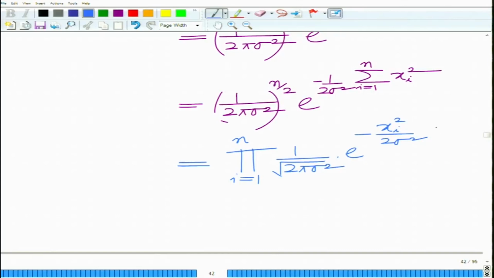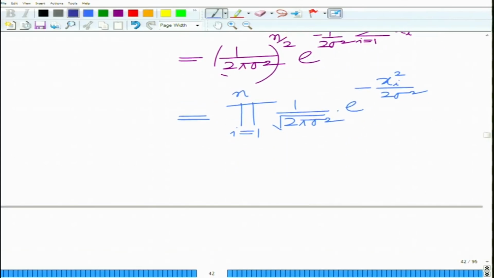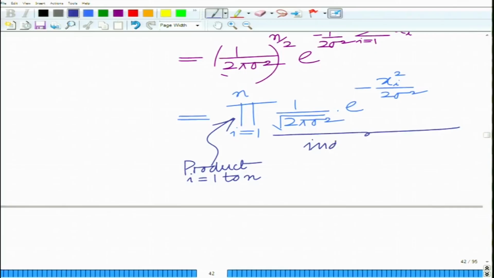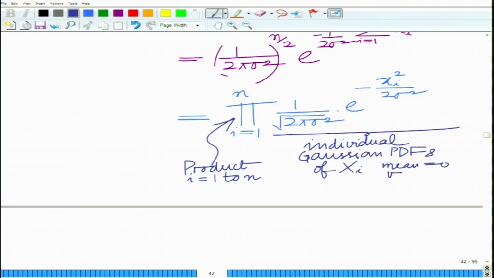This is the product symbol, similar to summation, product i equal to 1 to n, and now you see these are the individual Gaussian PDFs of the various random variables x i with mean equal to 0 and variance equal to sigma square.